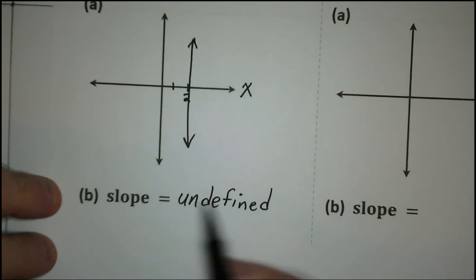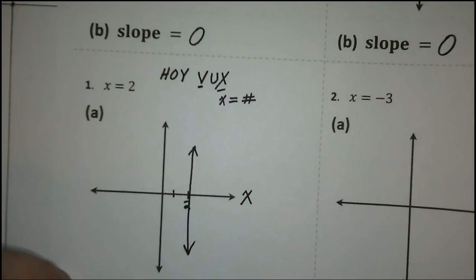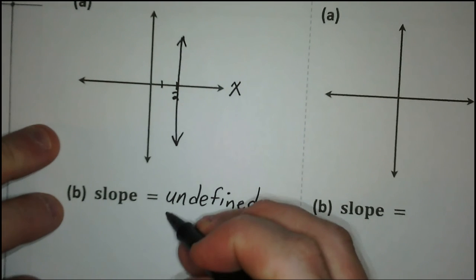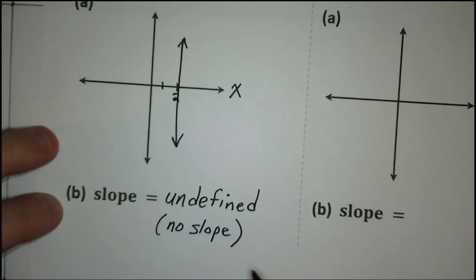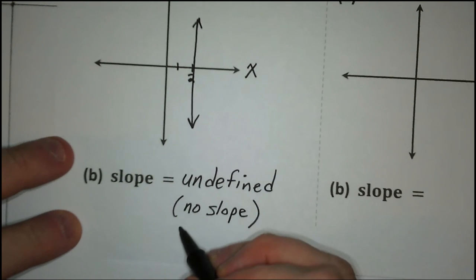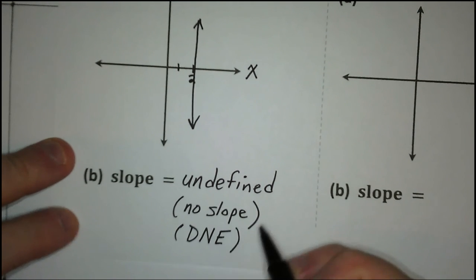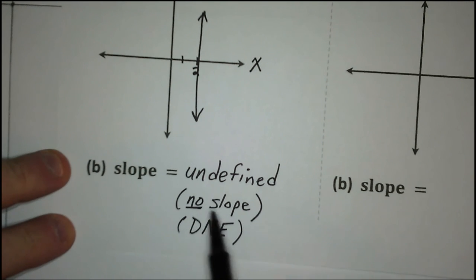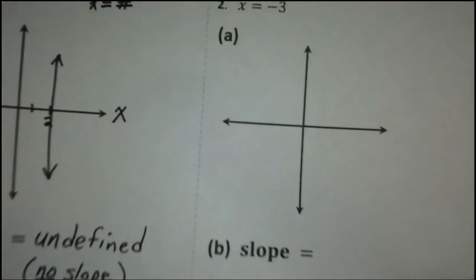So you could say undefined, which is literally what that u is standing for. But you could also say that there is no slope at all. Or you could say the slope does not exist. It all means the same thing. The slope doesn't exist. There's no slope at all, or the slope is undefined.